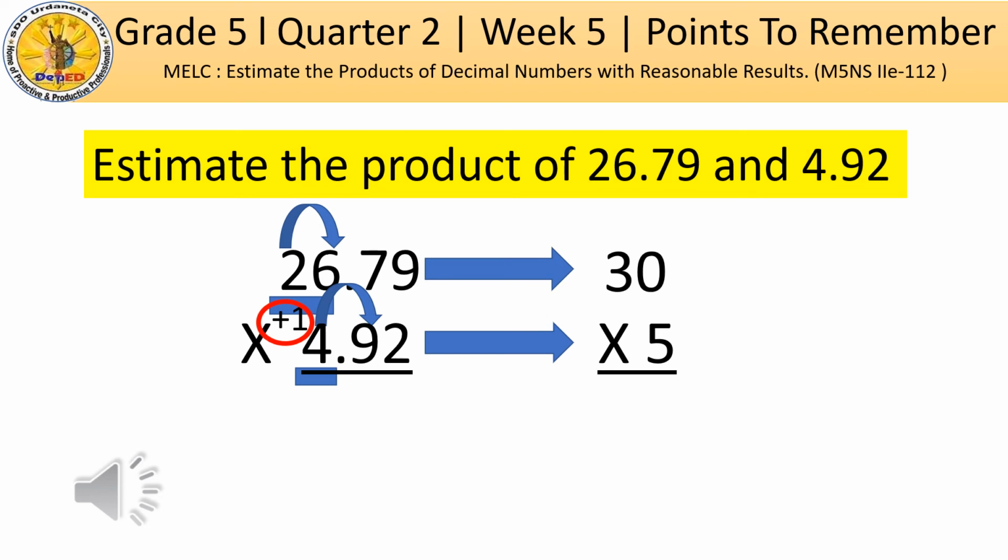First, 0 multiplied by 5. The answer is 0. Then 3 multiplied by 5. The answer is 15. Therefore, the estimated product of 26 and 79 hundredths and 4 and 92 hundredths is 150.